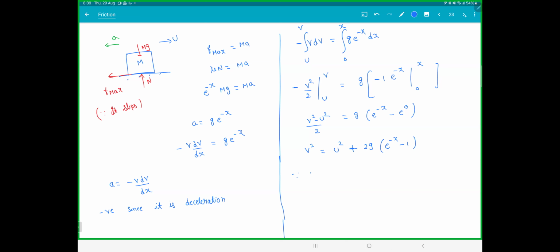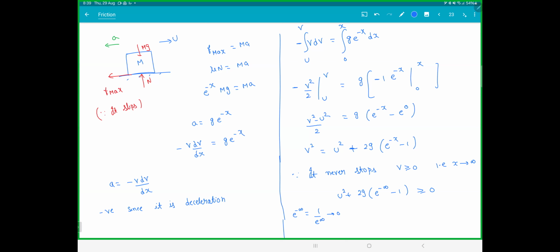Now, since it never stops, velocity must be greater than or equal to 0. That is, x will tend to infinity. Now, if you substitute here, u square plus 2g into (e power minus infinity minus 1) is greater than or equal to 0. We know e power minus infinity is nothing but 1 by e power infinity, which is 0.